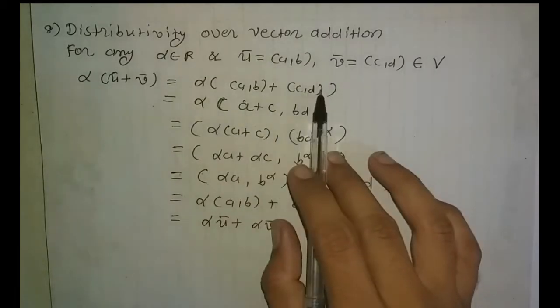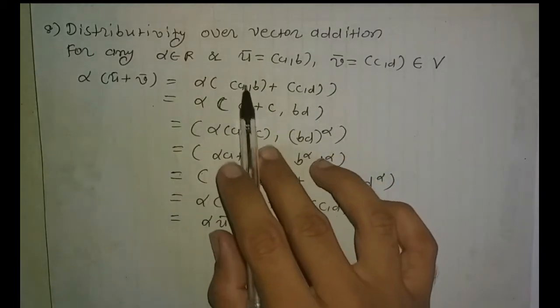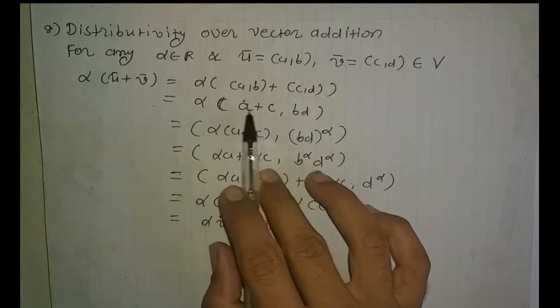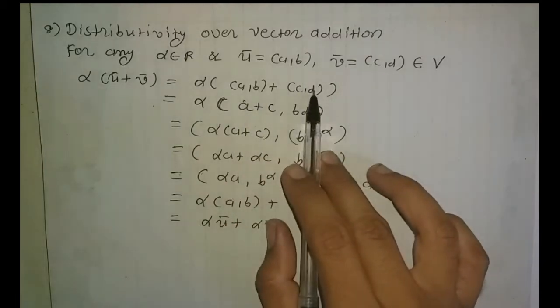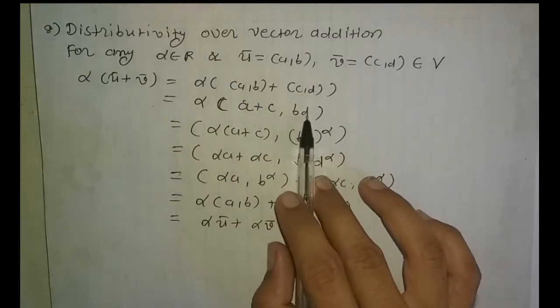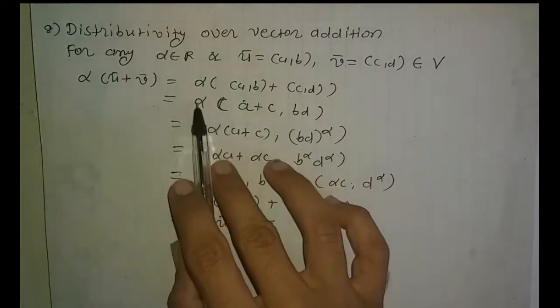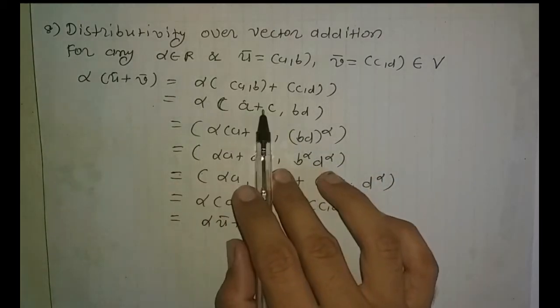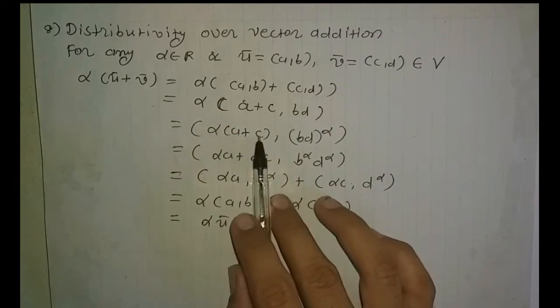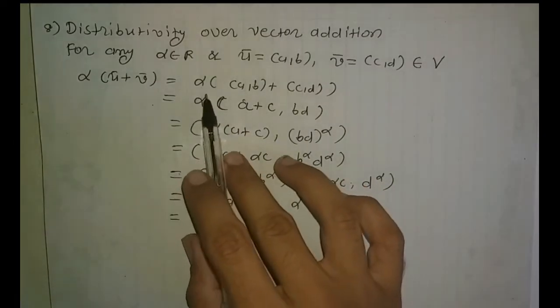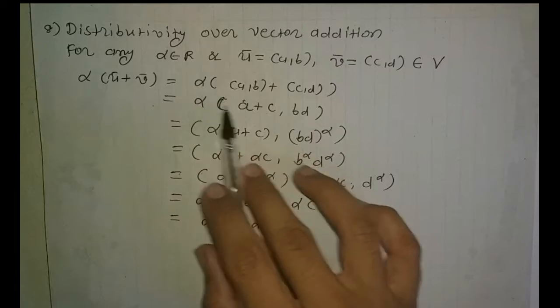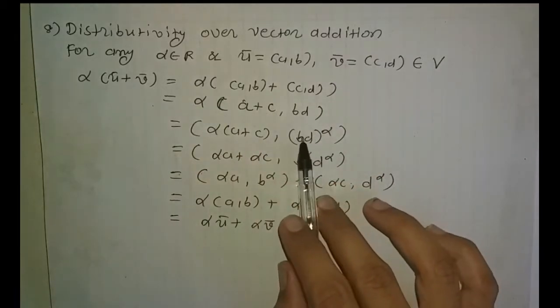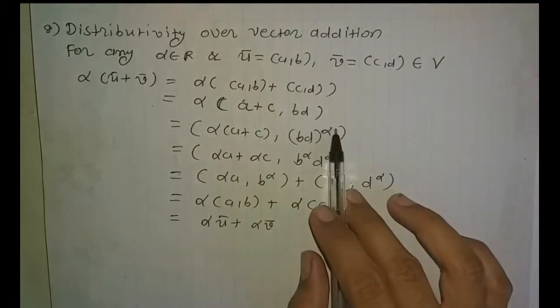Now the vector addition is defined as addition of the first coordinates, so it is a plus c, and multiplication of the second coordinates, it is equal to bd. Now the scalar multiplication is defined as multiplied with the first coordinate, so alpha (a plus c), and it gives it raised to the power on the second coordinate, so (bd) raised to alpha.